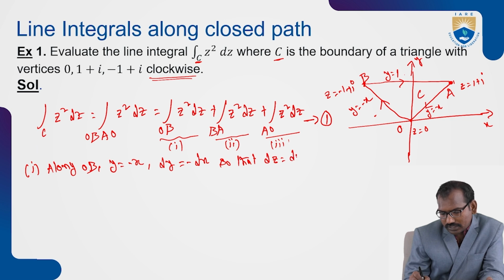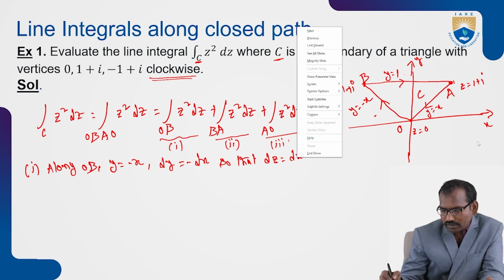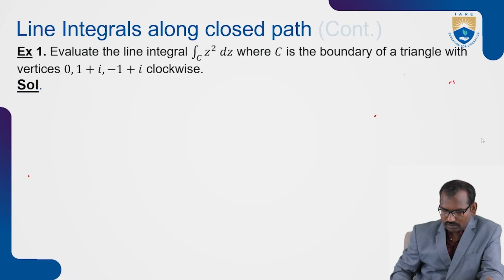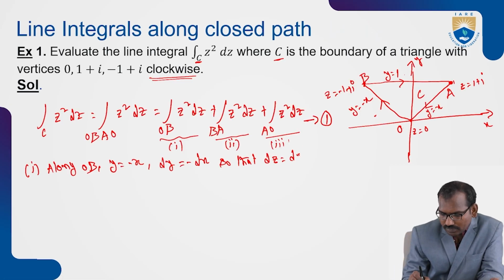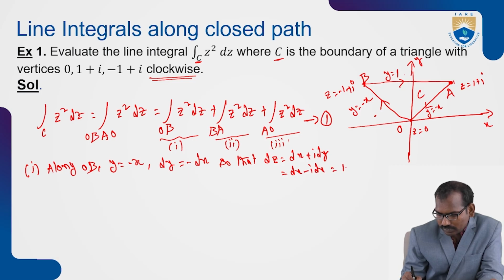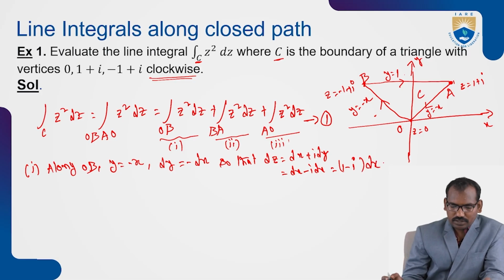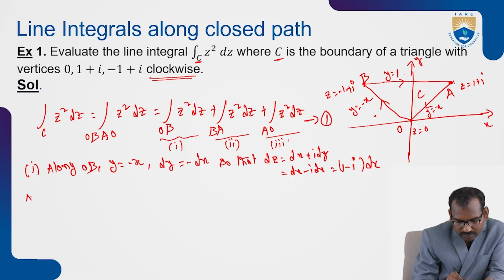We know dz is dx plus i dy, but here dy is minus dx, so it is dx minus i dx, which is nothing but (1 minus i) dx. Now I evaluate the required integration along OB of z square dz.